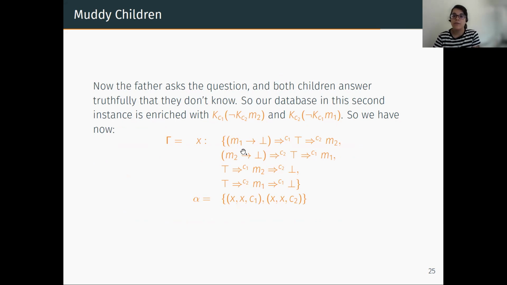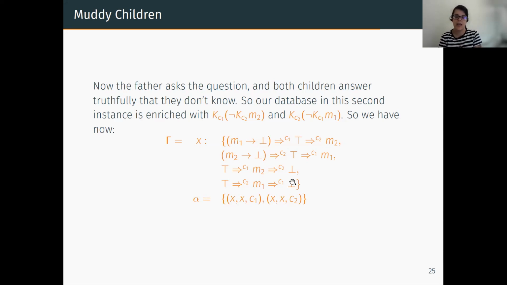We are representing negations with a conditional with falsum. We are representing knowledge with strict conditionals that go to top. But anyway, this is how we are going to put the formulas in our normal form.